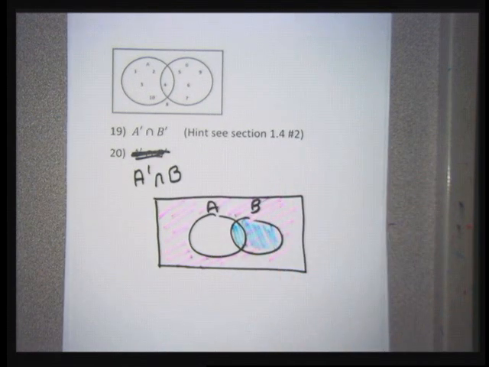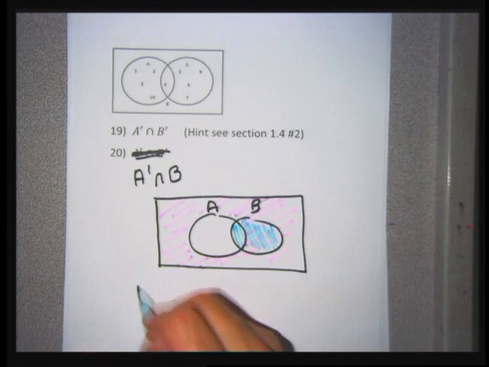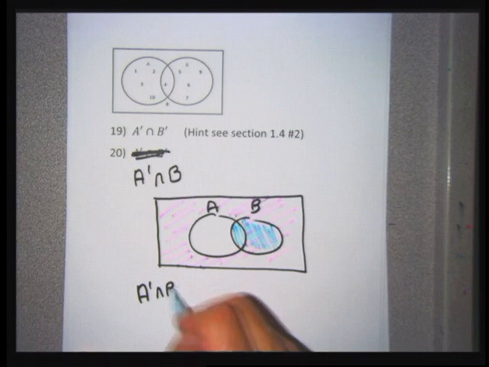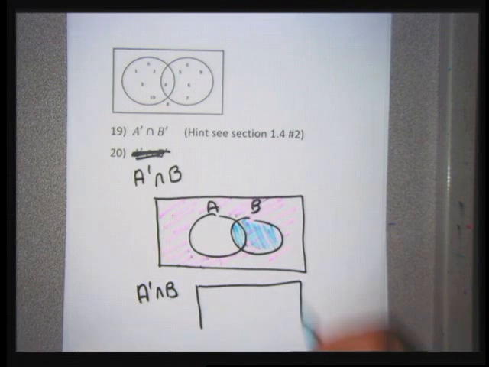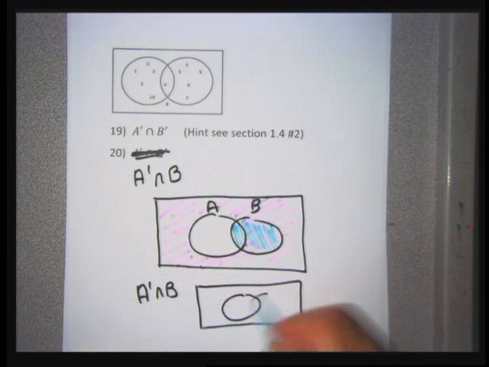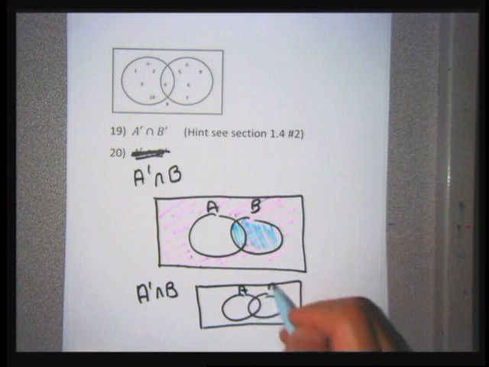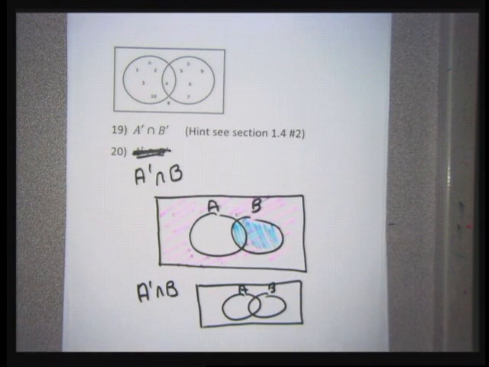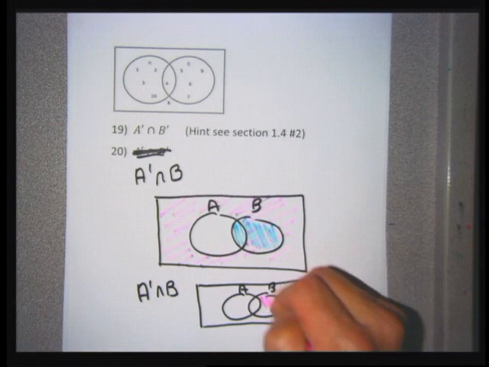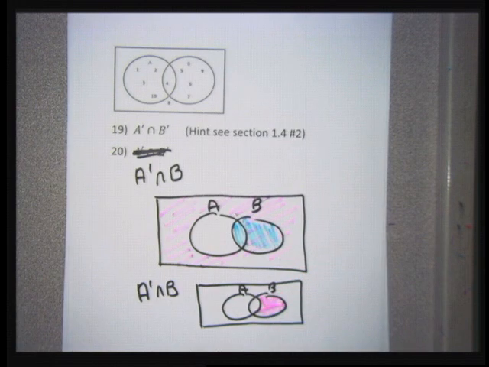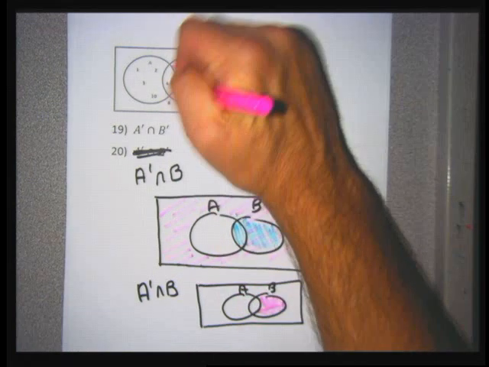So I shaded both A prime and I shaded B. So now I can make a graph that's nicely drawn of A prime intersection B. Because it's an intersection, I need the region where the shadings overlap. That's going to be this region right here. I'm going to apply that to my drawing.